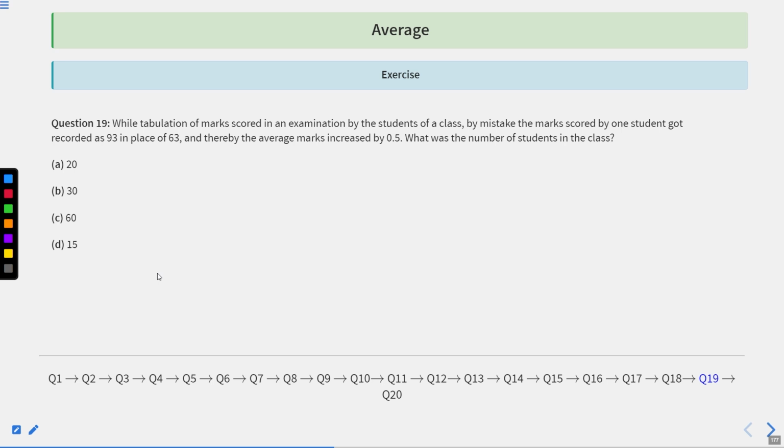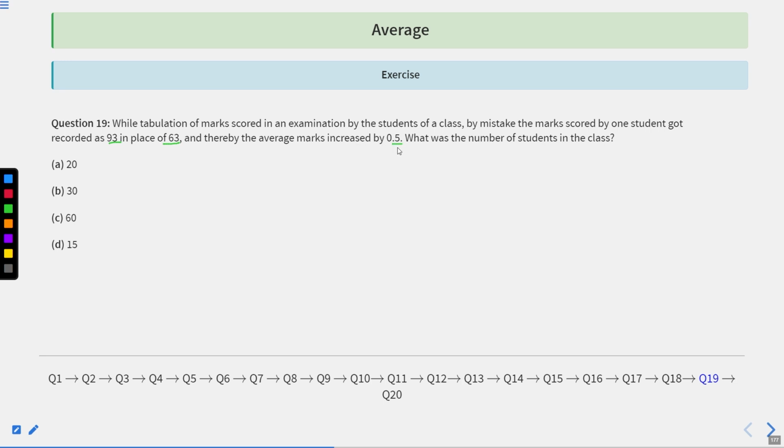Let us move to problem number 19. While tabulating marks scored in an examination by students of a class, by mistake the marks scored by one student got recorded as 93 in place of 63, and thereby the average marks increased by 0.5.